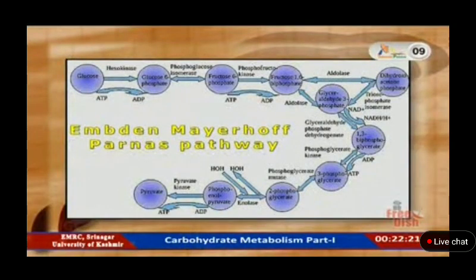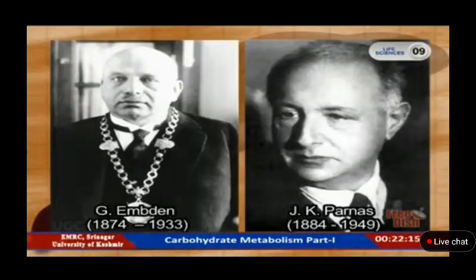Now I will tell you about the Embden-Meyerhof-Parnas pathway. This pathway was discovered by G. Embden, Otto Meyerhof and Jakob Parnas in the 1930s. That is why this pathway is called the EMP pathway. Now all different carbohydrate molecules must be converted to 6-carbon glucose first.